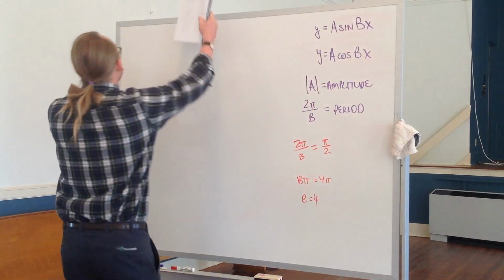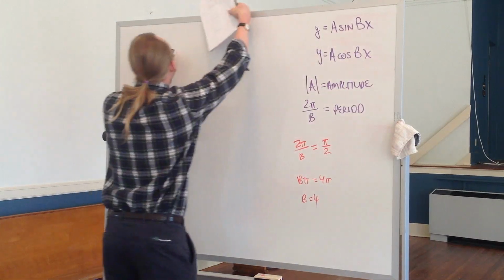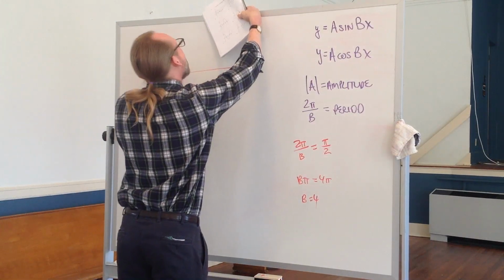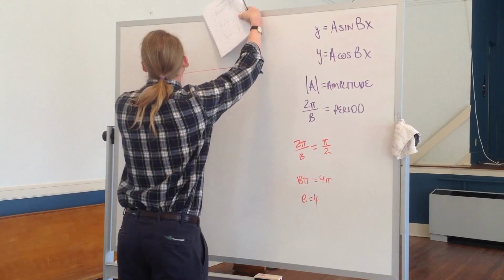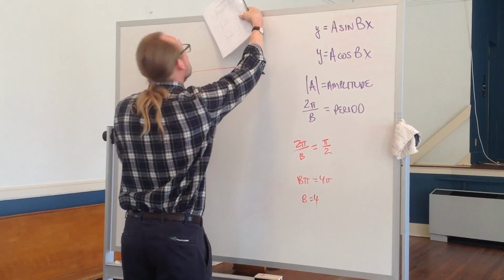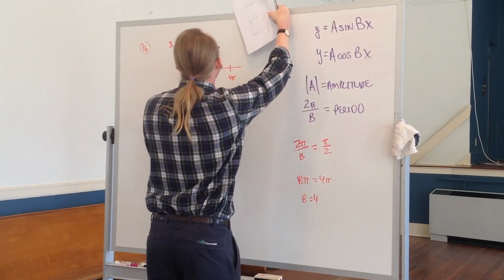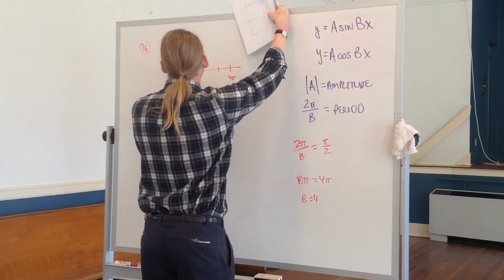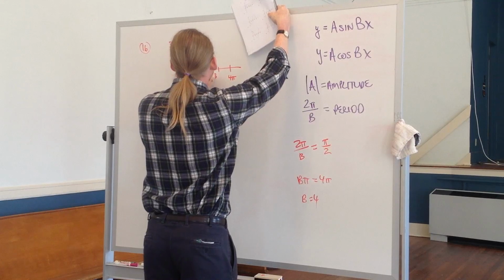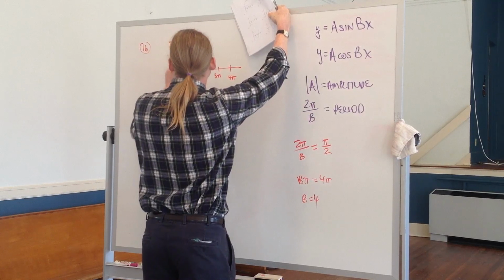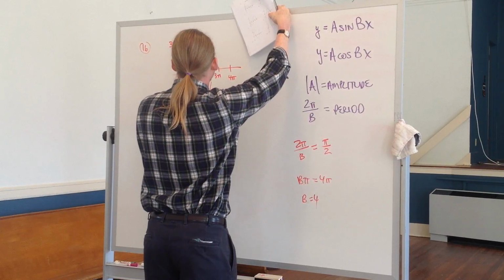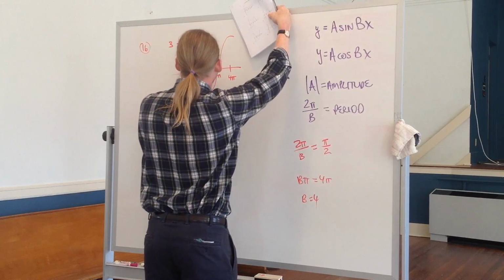All right, problem 16. Let's see here. Got an amplitude of 3. Let's see, a period of 4 pi.